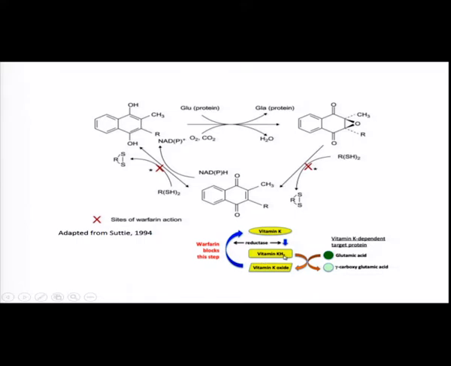So vitamin KH2 is converted to vitamin K oxide, and this is again converted back to vitamin K, and warfarin blocks this step. This KH2, in the presence of carboxylase, would convert glutamic acid to gamma carboxyglutamic acid, the vitamin K dependent target protein. So this picture is basically a summary of how vitamin K is being utilized.